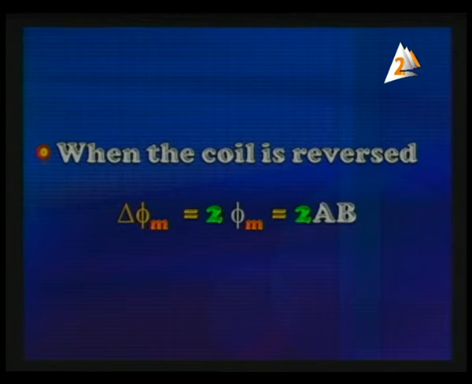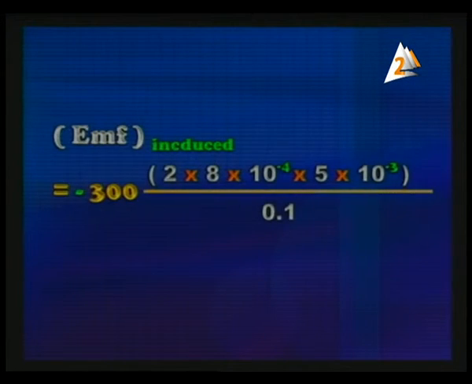In the second case, what about the EMF when the coil is reversed? When the coil is reversed, the change in the magnetic flux, delta phi magnetic, is equal to 2 phi magnetic. So it is equal to 2 times A times B. We'll use the same rule.